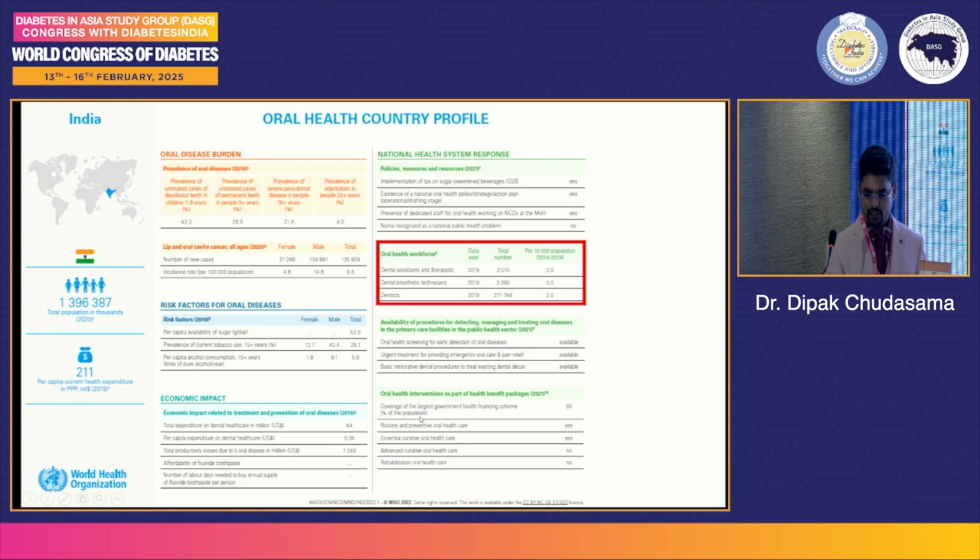If we see over here, the availability of dental assistants or any other dental technicians out of 1 lakh population is 0. Only 2 dentists are available per 1 lakh population. So I think we lack resources and availability of dentists.